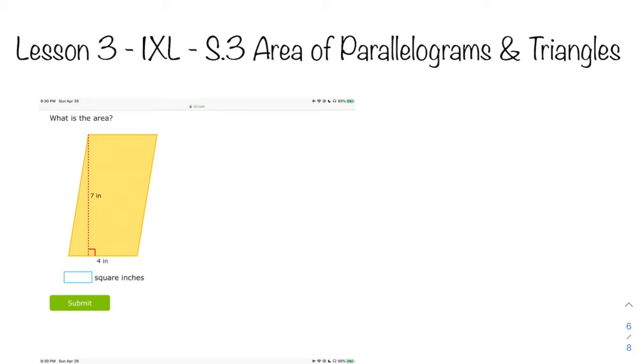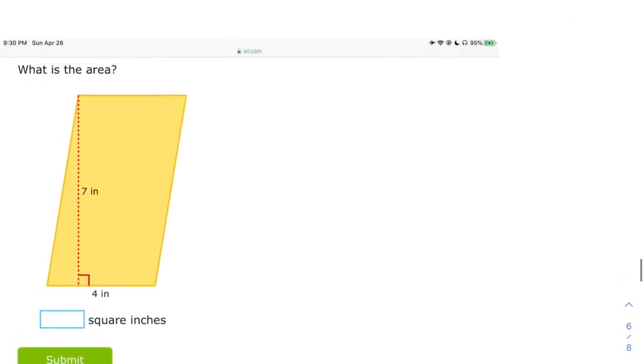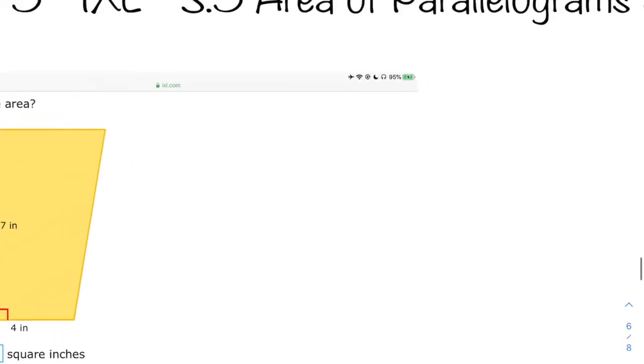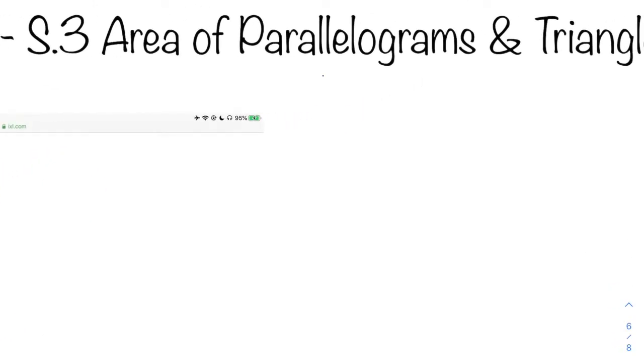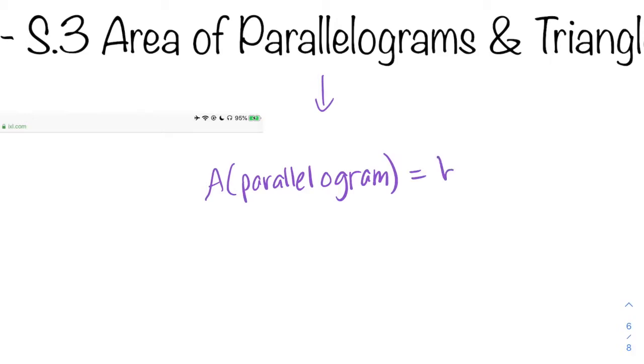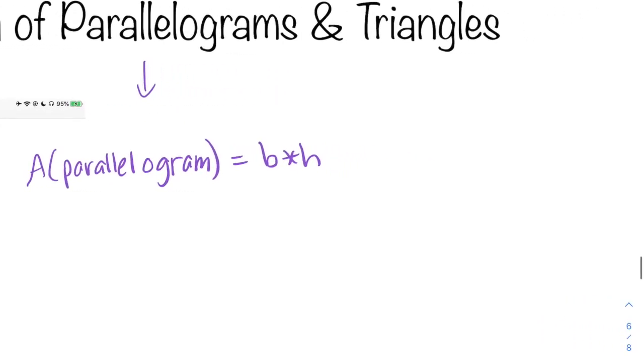So we're kind of flying through this content because we've seen it before, but let's just remind ourselves the area of a parallelogram is equal to base times height. I'll write out base times height.